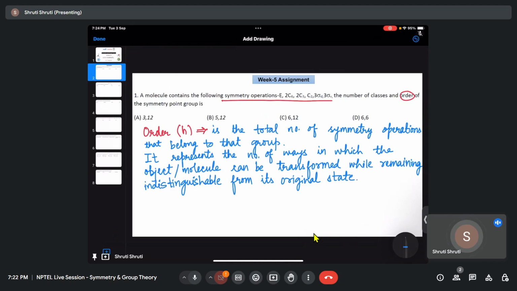Even after performing that operation, the molecule should remain indistinguishable from the original configuration. So the configuration should not be changed. That defines a symmetry operation, and the total number of such operations is called the order.